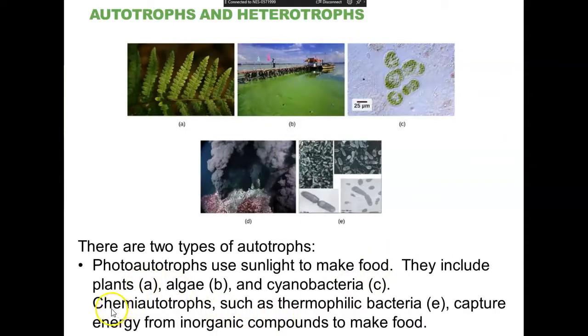One, and perhaps the older system, is chemoautotrophs that use an energy source, usually an energy-rich inorganic compound, something that can be oxidized, and that is the power source for making organic molecules from water, carbon, and other mineral elements. So that's chemoautotrophy.